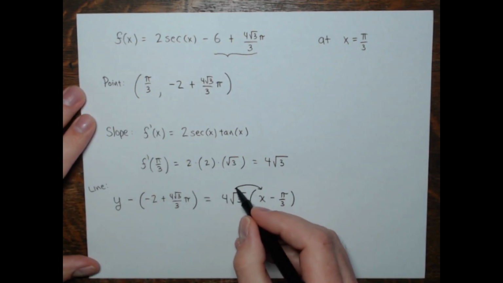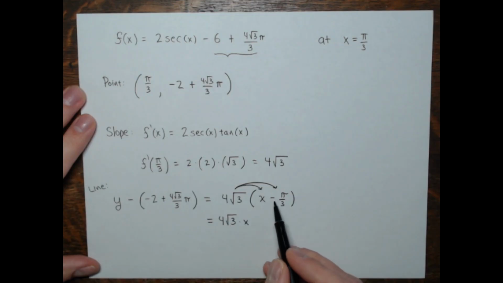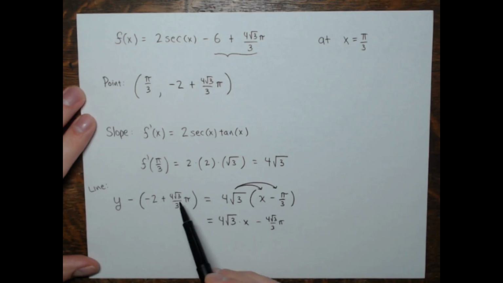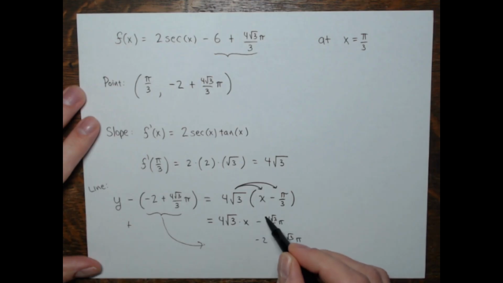After distributing this 4 root 3, we end up with 4 root 3 times x, slope times x, then minus 4 root 3 over 3 times pi. And you're going to see that when I add this over here, we're going to have that negative 2 over here and plus 4 root 3 over 3 times pi over here. These 4 root 3 over 3 times pi's will go away, and I have minus 2 left over. We got y equals 4 root 3 times x, slope times x, and then minus 2.